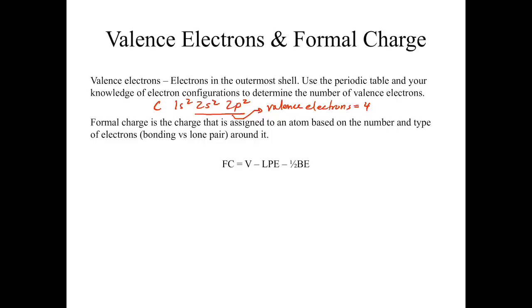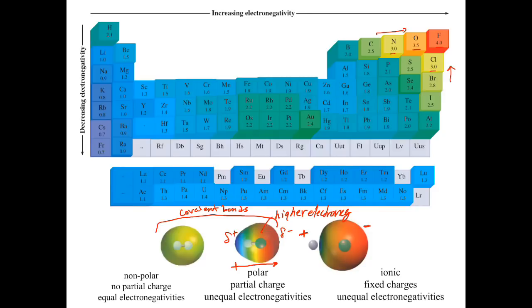What's actually interesting is that we don't necessarily have to write the electron configuration out every time. If we flip back to our periodic table, we can start to think about this as more of a periodic trend. Anything in the first column is going to have the configuration s1, so these are going to have 1 valence electron.